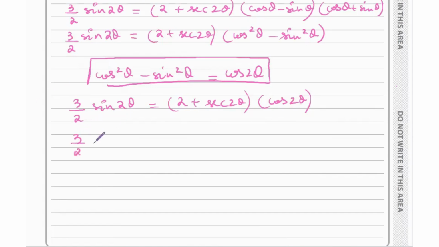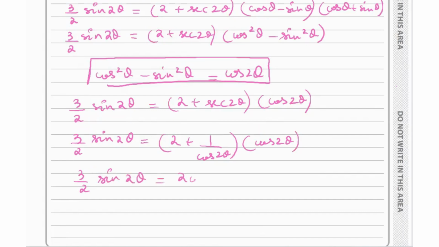So 3 over 2 sine 2 theta equals 2 plus 1 over cos 2 theta times cos 2 theta. Now we expand the bracket. So it's going to be 2 cos 2 theta plus 1. Cos 2 theta times 2 is 2 cos 2 theta. Cos 2 theta times 1 over cos 2 theta is 1.